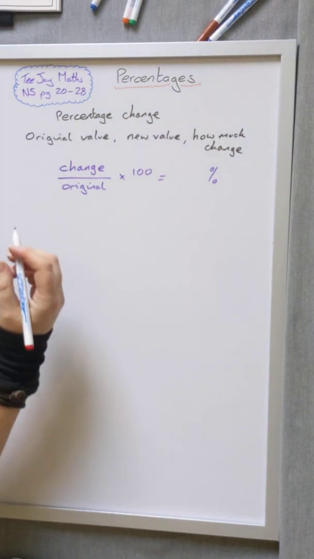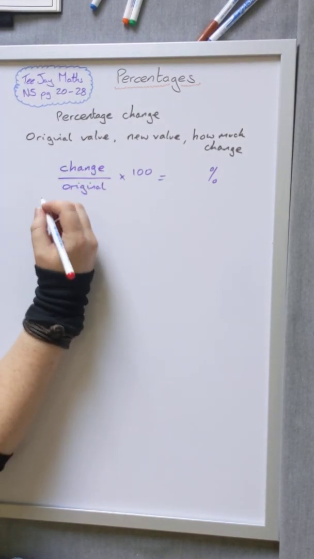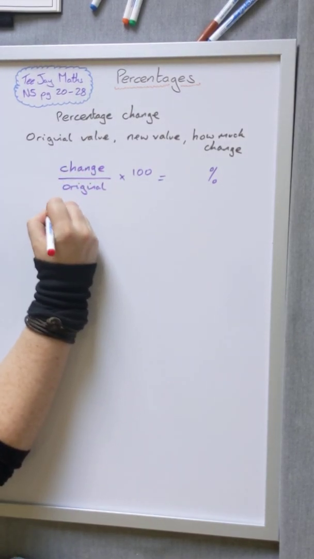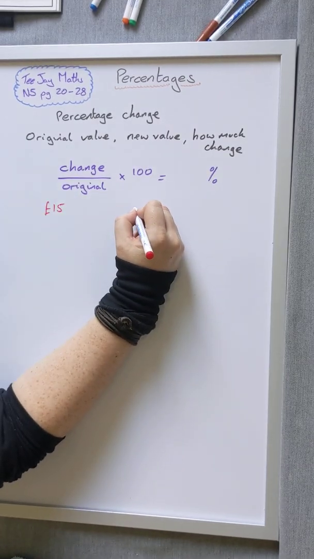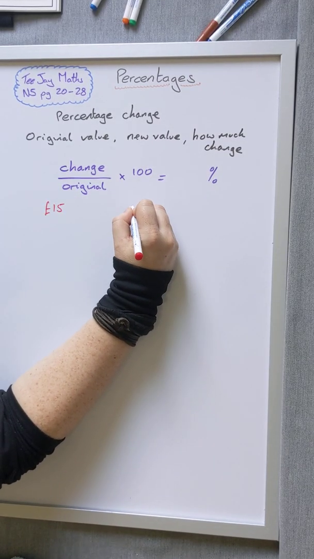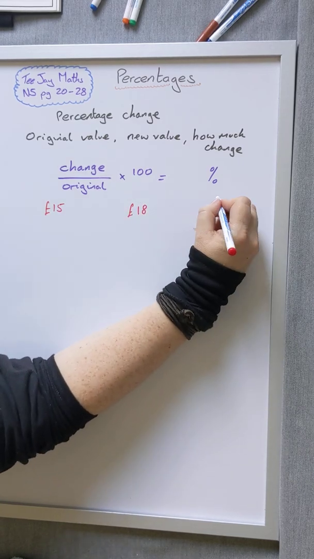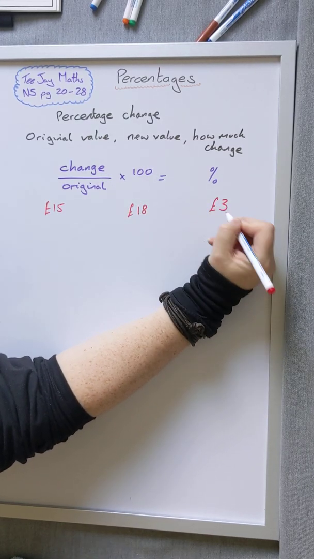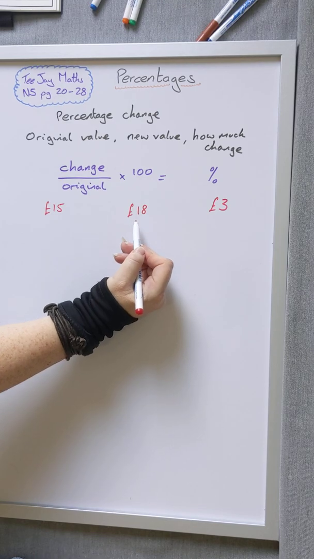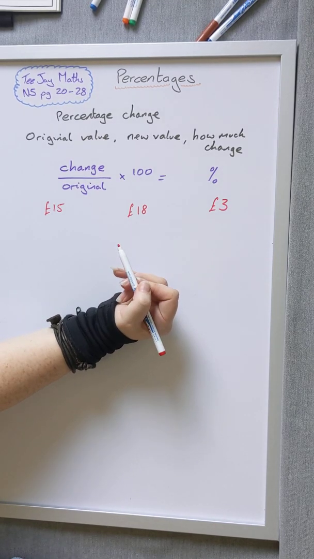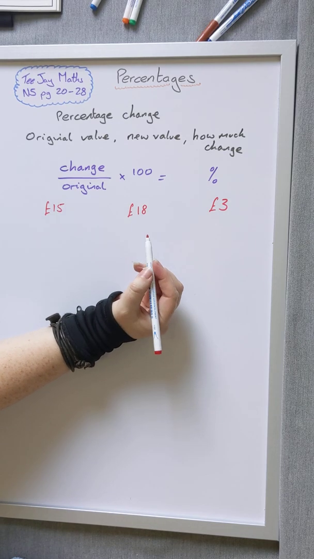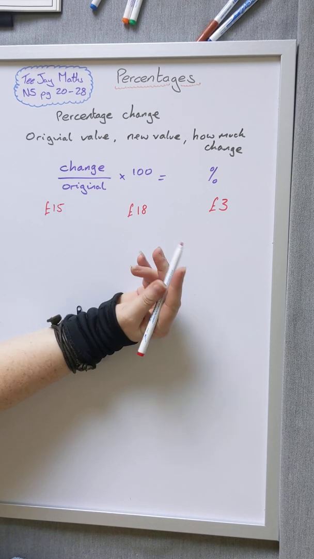So if we had an original value of £15, a new value of £18, we would have a change of £3. The difference between 15 and 18 is 3. Difference is often thought of as subtraction, but it can go either way.